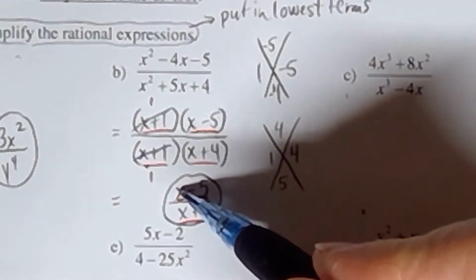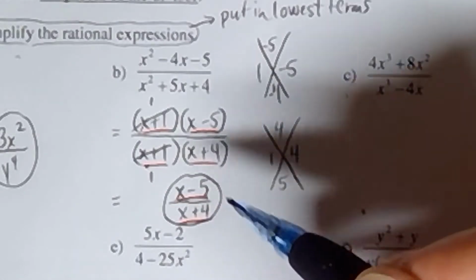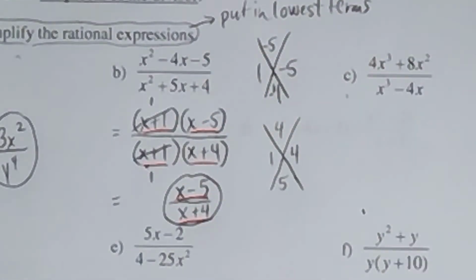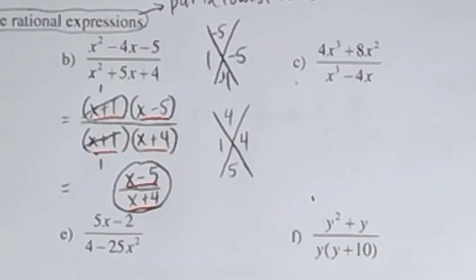Okay, and you're not allowed to cancel part of a red one like we said a minute ago. This is why I know that this is in lowest terms. I can't cancel anything else. I can't make it any smaller by canceling. That's when you know that it's in lowest terms. Okay? You've canceled everything that you possibly can.